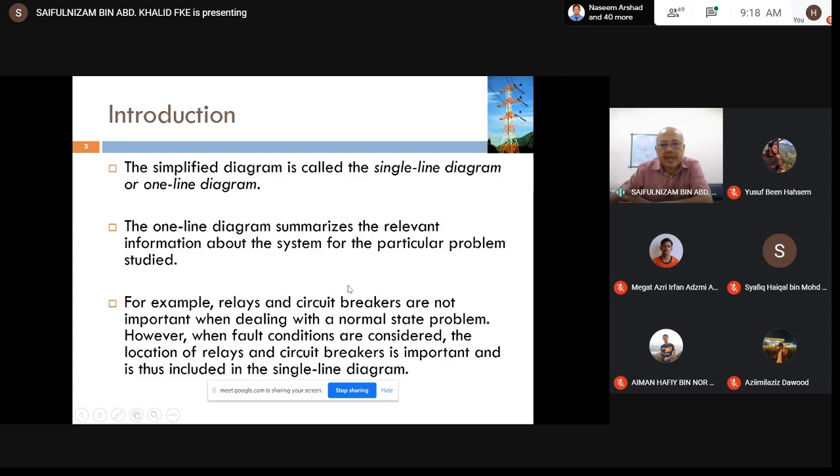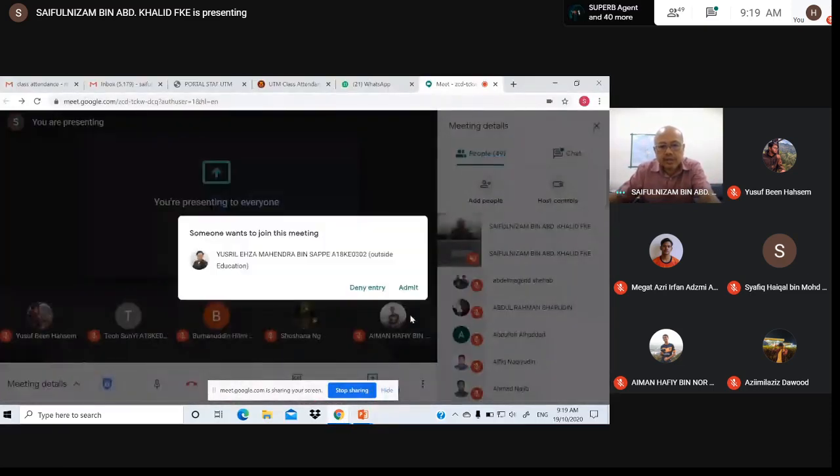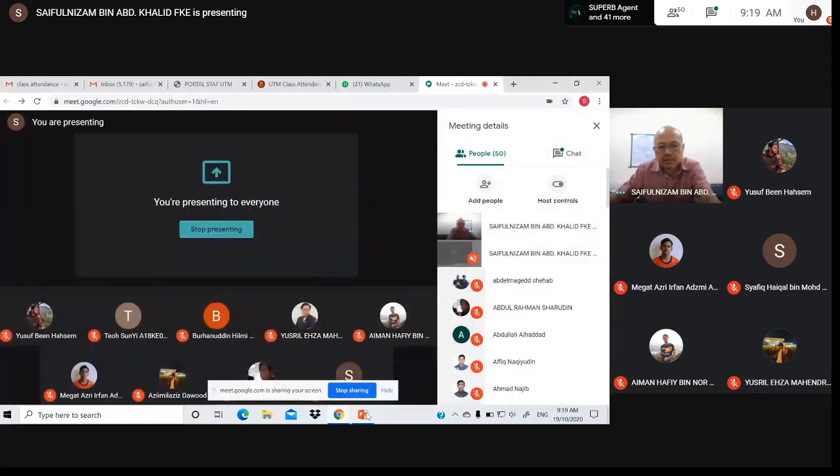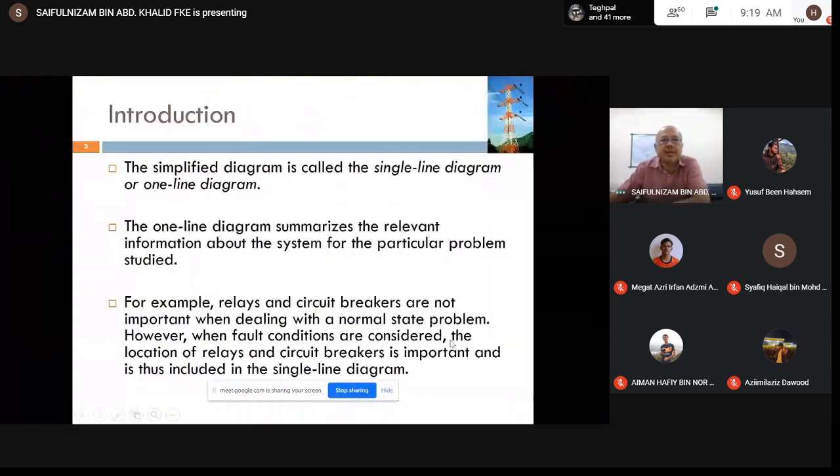In the single line diagram, it shows the main connections and the arrangement of the components, along with data such as the output rating, the voltage, the impedance, and the resistance.